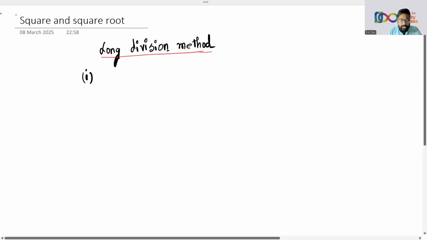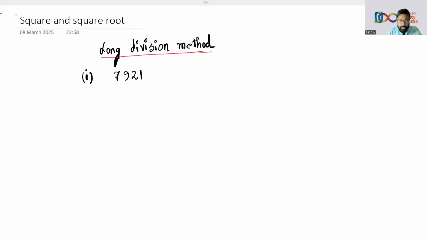Suppose we have 7,921, and we need to calculate the square root of 7,921. We can calculate it easily by prime factorization, but here we are going to use the long division method. In the long division method, first we have to make a rectangular box like this.